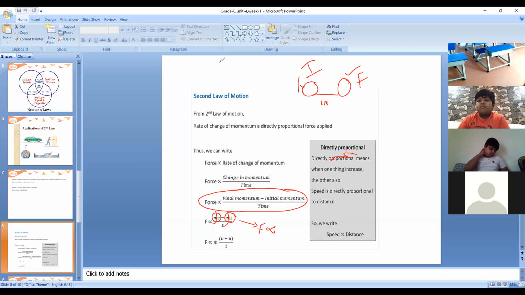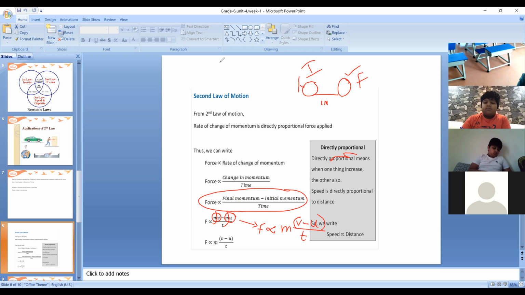Both the final momentum has mv, m in common, and the initial momentum also has mu, m in common. We'll take m in common, remove it outside, and then write in brackets what is remaining, v minus u, by t.